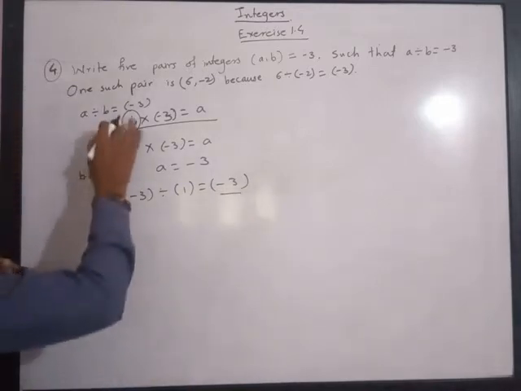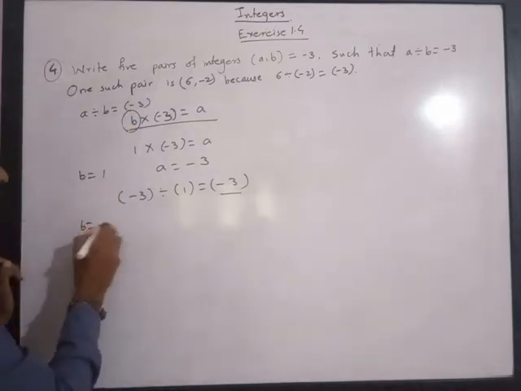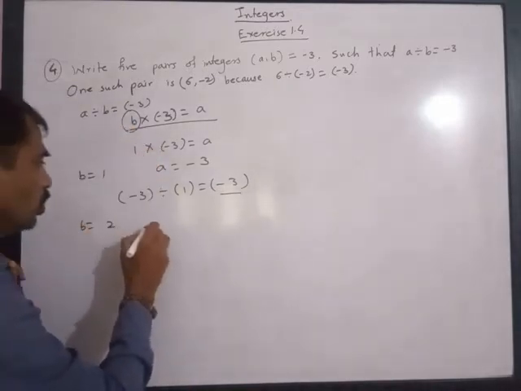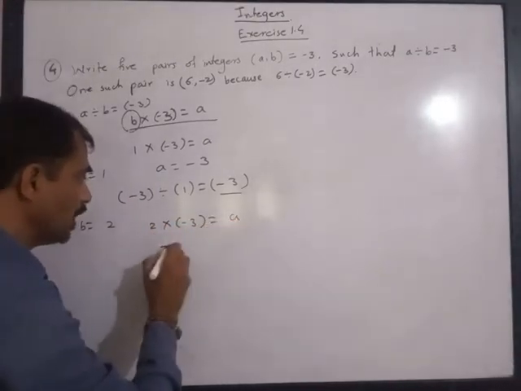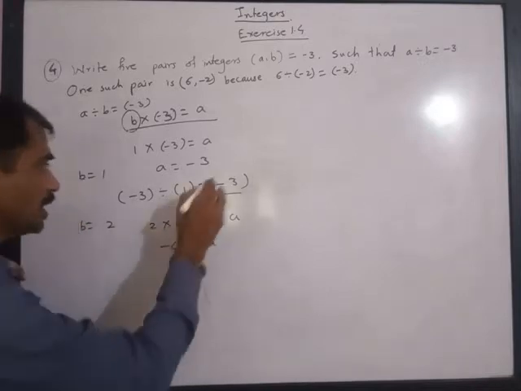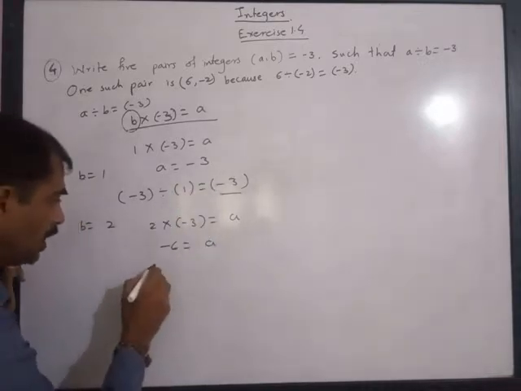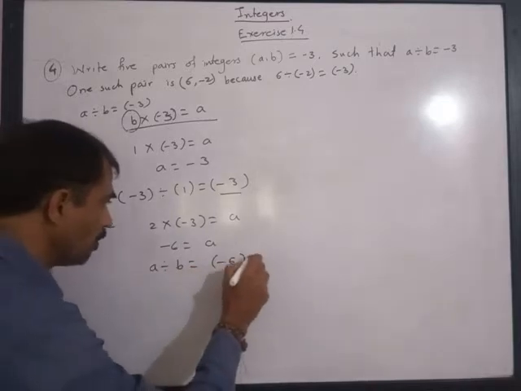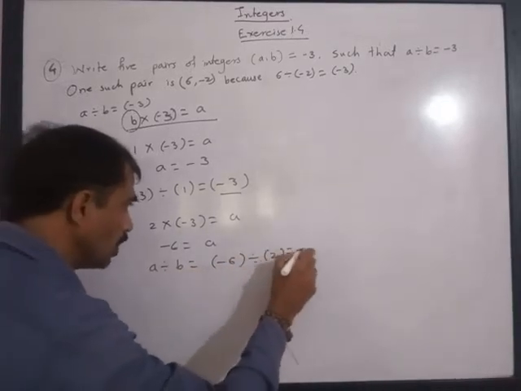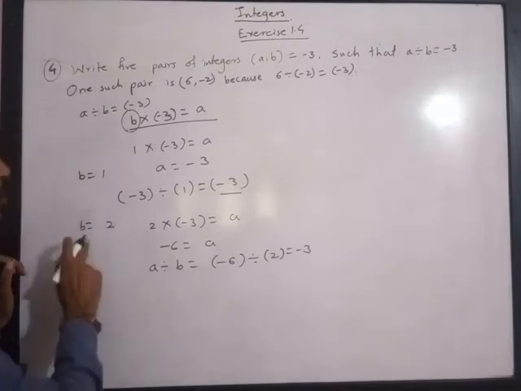Now if you take b is equal to 2, you will get 2 into negative 3 is equal to a. That is negative 6 is equal to a. Let us check: a divided by b is equal to negative 6 divided by 2, that is equal to negative 3.